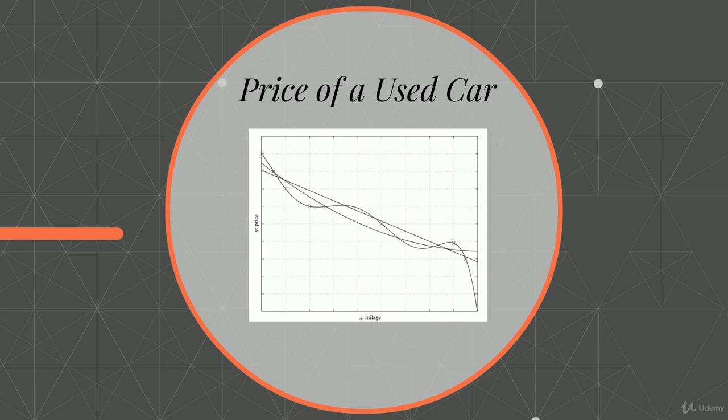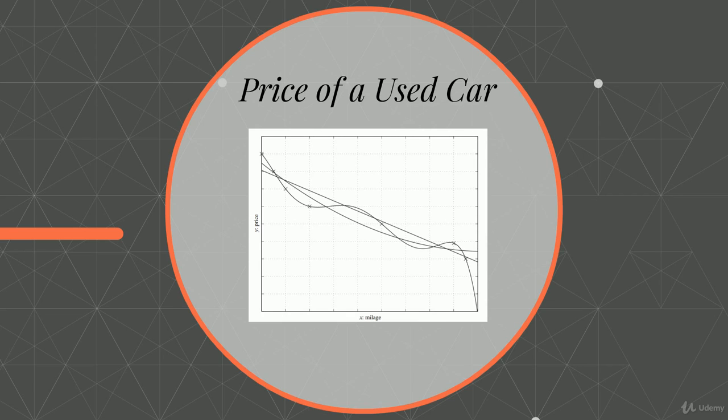When the order of the polynomial is increased, the error on the training data decreases. But as shown by our sixth order polynomial here, a higher order polynomial follows individual examples closely instead of capturing the general trend.